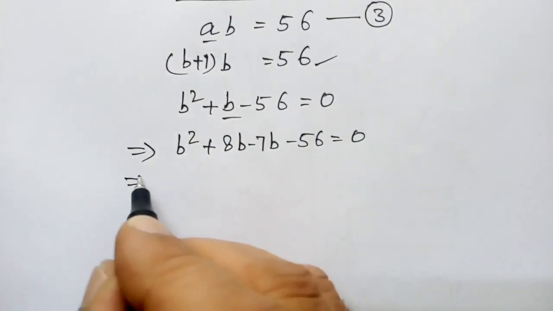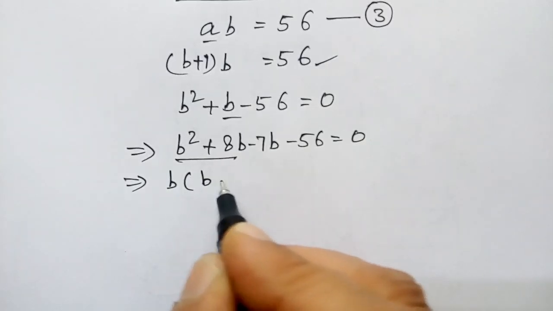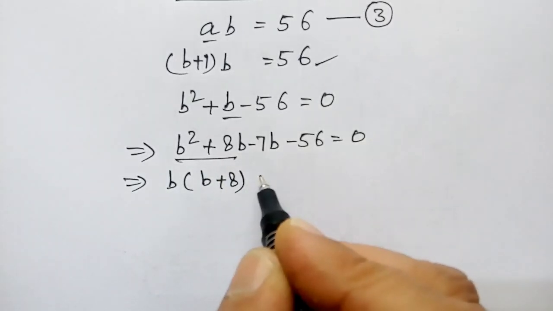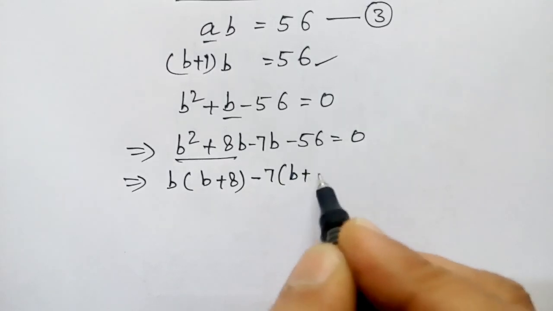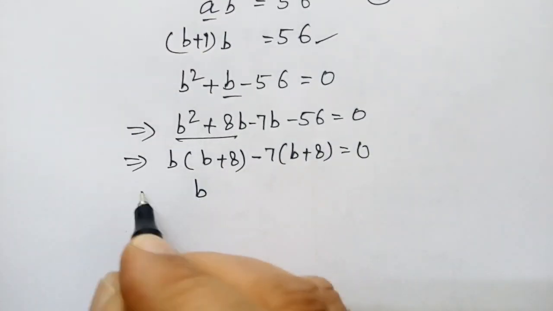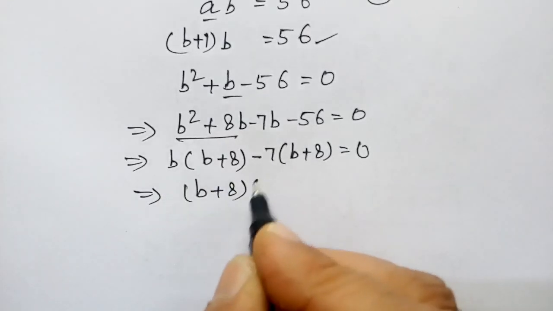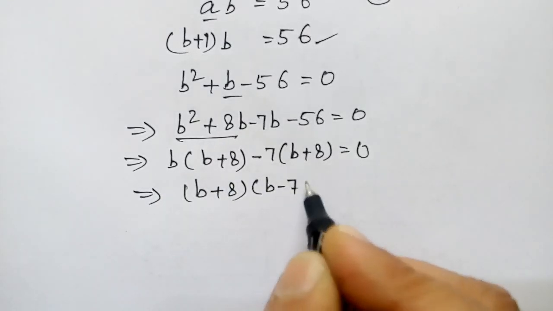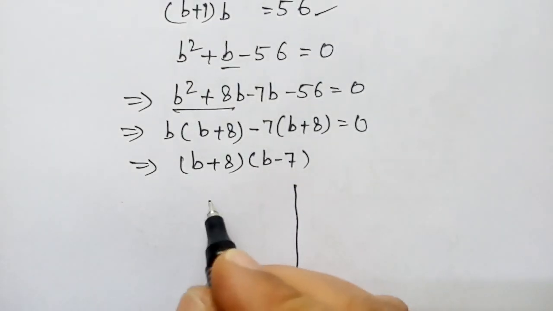Okay, if we take b as common, so b plus 8, and here minus 7 as common, so b plus 8 is equal to 0. So we have factors b plus 8, b minus 7, right?